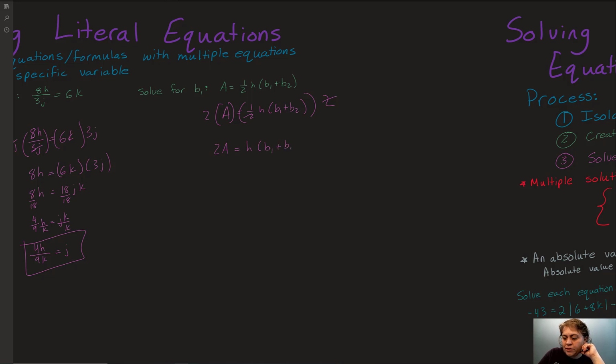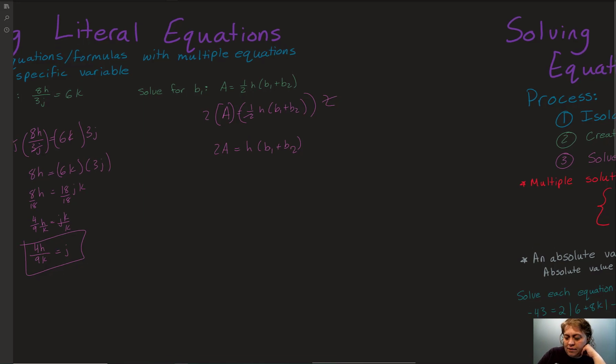So at this point, there's a couple different strategies that people will use. One thing is to go ahead and do the distribution so that you get rid of the parentheses, which is perfectly fine, and then move the term over to the other side and then do some more subtraction and all of that wonderful fun stuff. Perfectly valid. I'm not going to do that because that's going to add an extra step.